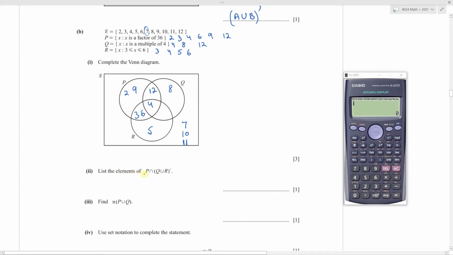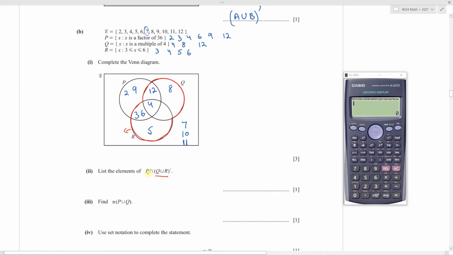Let's list the elements of P intersection (Q union R) complement. So let's look at Q union R. Q union R is everything inside Q and then everything inside R. So this is Q union R and everything outside is Q union R complement.